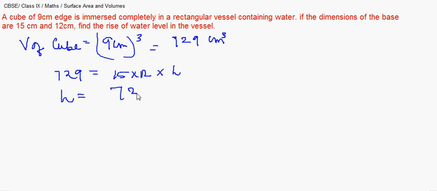That's given by 729 by 12 into 15. 15 into 12 is 180. So 729 divided by 180 would give us 4.05 centimeters. This is the level by which water is rising. Let's take up more questions.